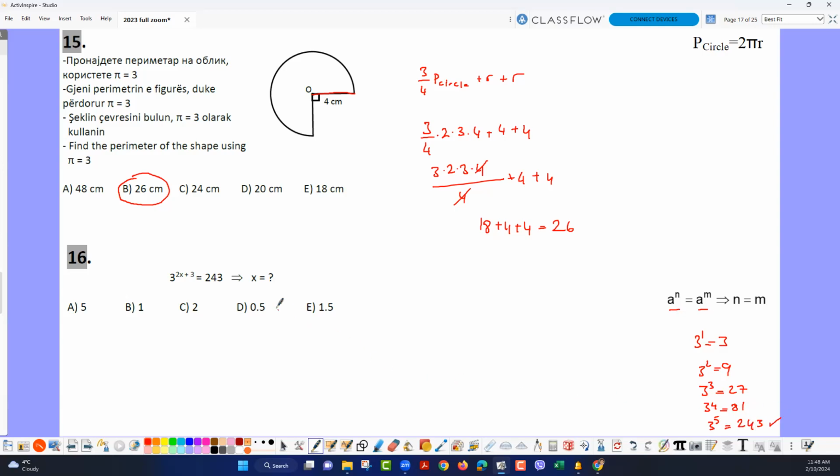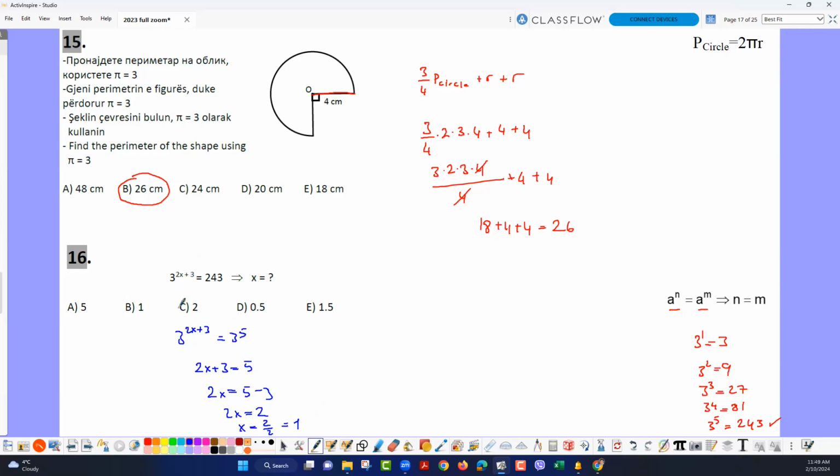So in our equation here, 3 to the power of 2x plus 3 is equal to 3 to the power of 5, which means that 2x plus 3 is equal to 5. 2x is equal to 5 minus 3, 2x is equal to 2, x is equal to 2 over 2, which is equal to 1.